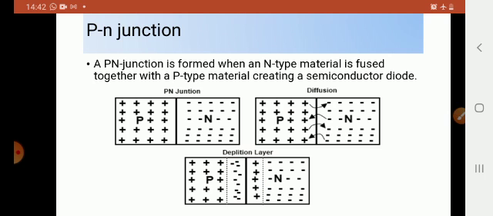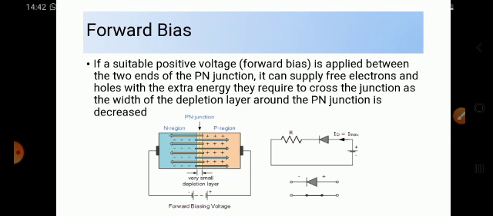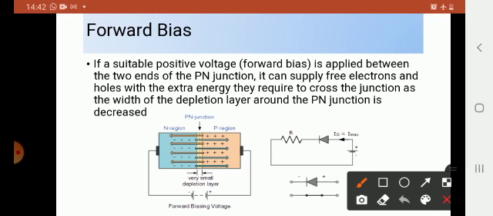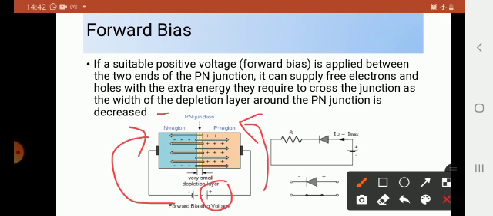Actually, to control the flow of electrons, we use this type of junction. Now, if this p-n junction is connected with a battery in such a way that the positive terminal goes toward the p-type and the negative terminal is attached with the n-type material, where there is already an excess of electrons, what happens then?